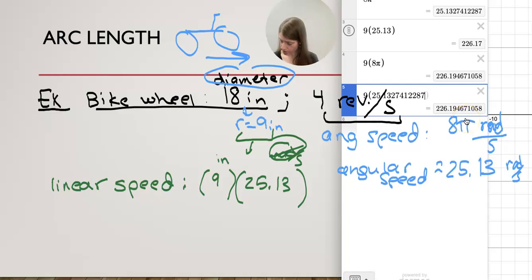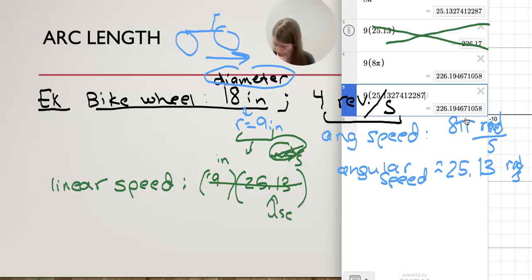What I don't want you to do is miss homework questions because you're just off based on the rounding. You can see that that accumulated error can cause some rounding issues. So you want to either copy and paste that unrounded answer, or you want to go ahead and use the exact.